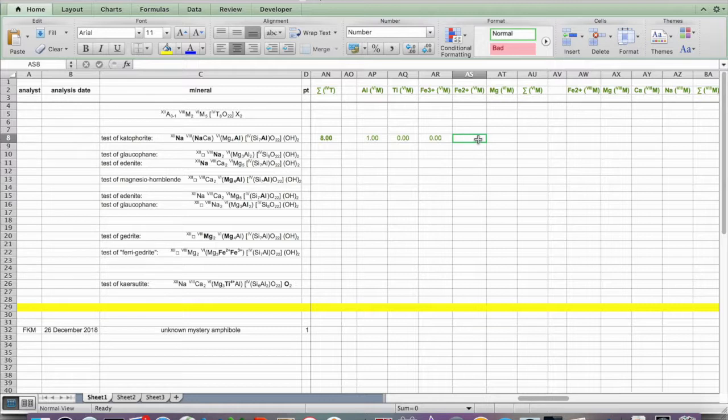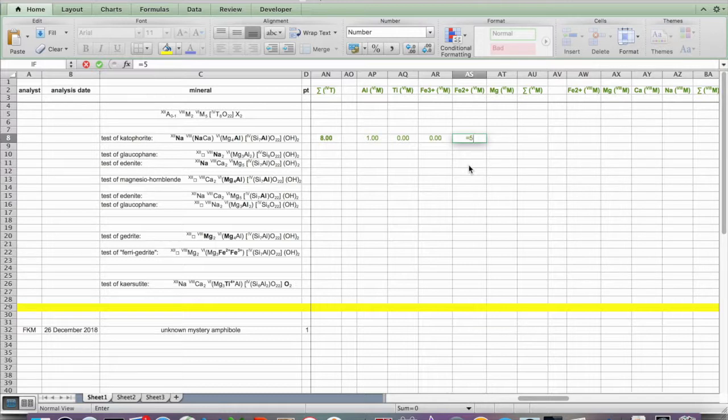So there's always the slight possibility, I suppose, that we may have already filled this amphibole up. So the way that I'm going to set this up is we're going to go equals, and then we're going to do a formula that says, well, what is the total occupancy of this site? And the total occupancy is 5, okay?